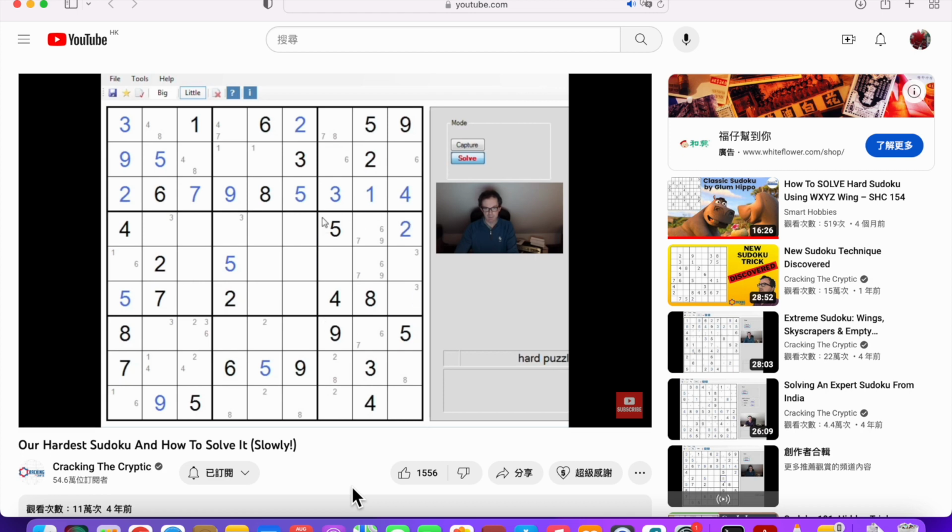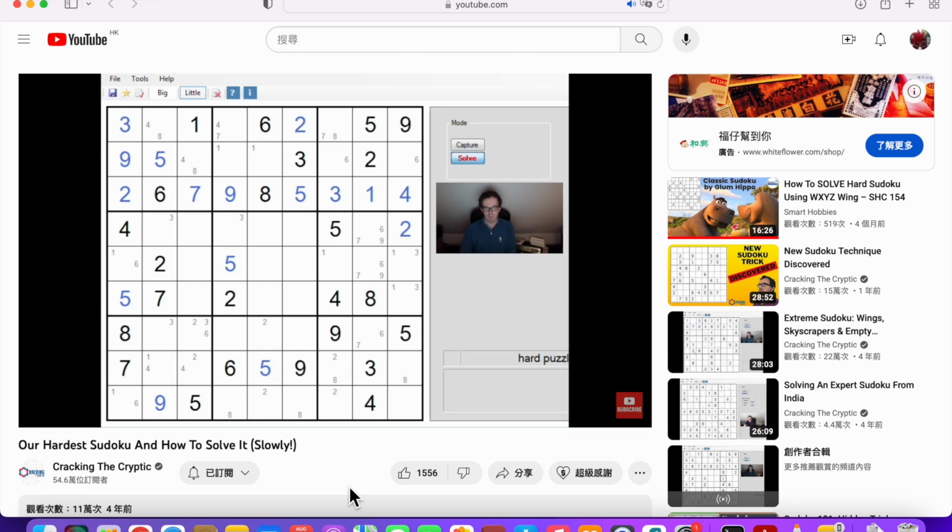There is a technique called empty rectangles that we now have the ability to use on this 3 by 3 square. Now, empty rectangles is quite a highfalutin way of describing this, but what I need you to imagine is where we can place a 1 in this 3 by 3 block. And you can see there are 3 possibilities here.